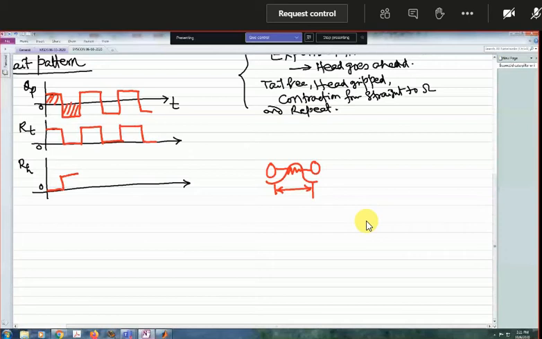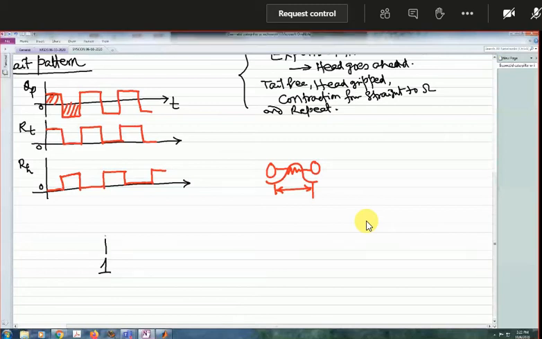Now I will draw the bond graph of this insect. It's very easy to draw. It's a simple system. Okay. So we have head and tail. Two 1 junctions I put, with inertia I equal to m by 2 for head and tail.